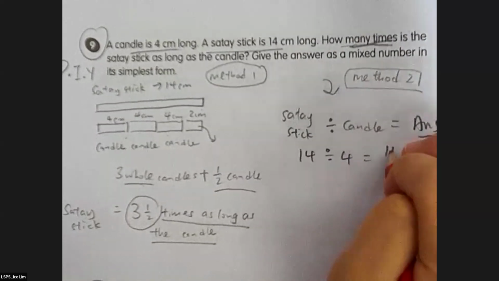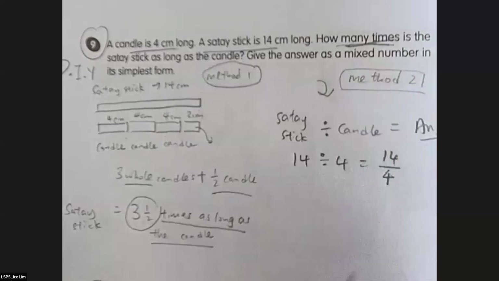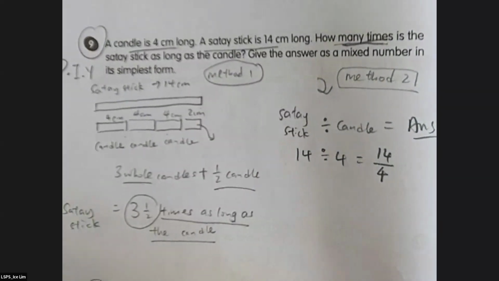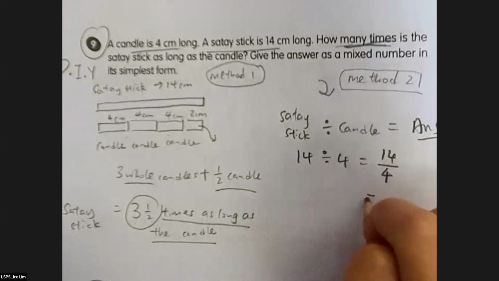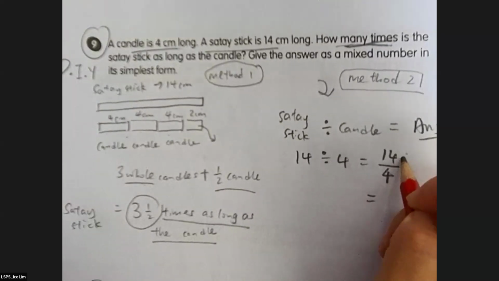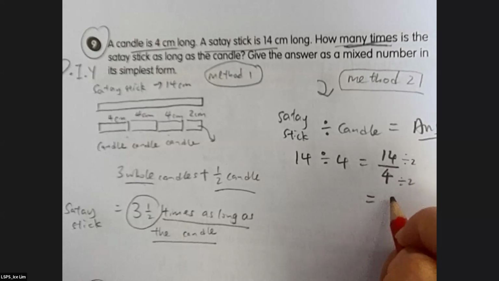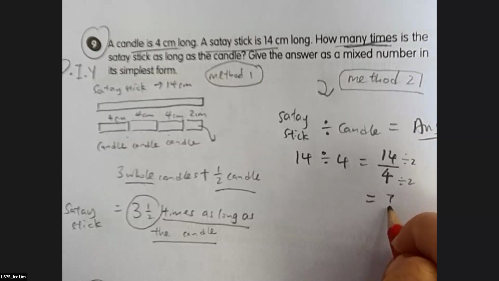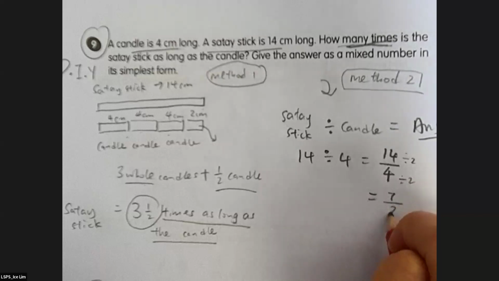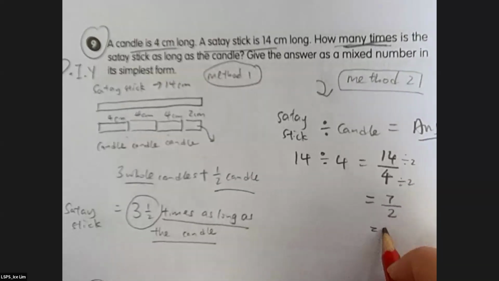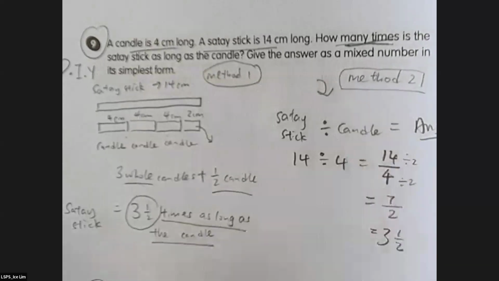So in other words, it's 14 divided by 4. I can simplify this by dividing numerator and denominator by 2, and I get 7 over 2, 7 halves. And I can change it to a mixed number, 3 and a half.